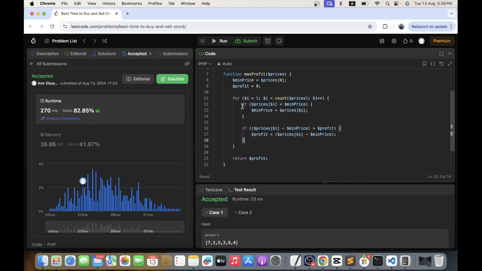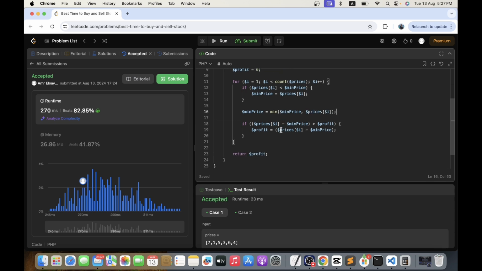We can beautify our code by using built-in functions. So this code could be min price equals min of min price and prices[i]. So it will take the lesser value, and here as well we can do profit equals max of profit and the other value, this one.